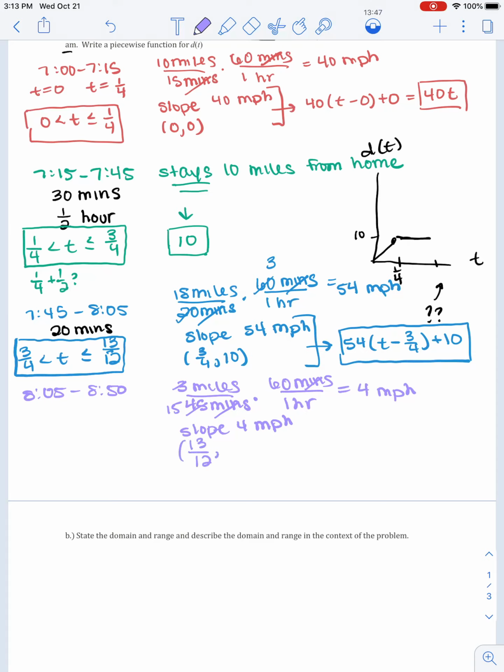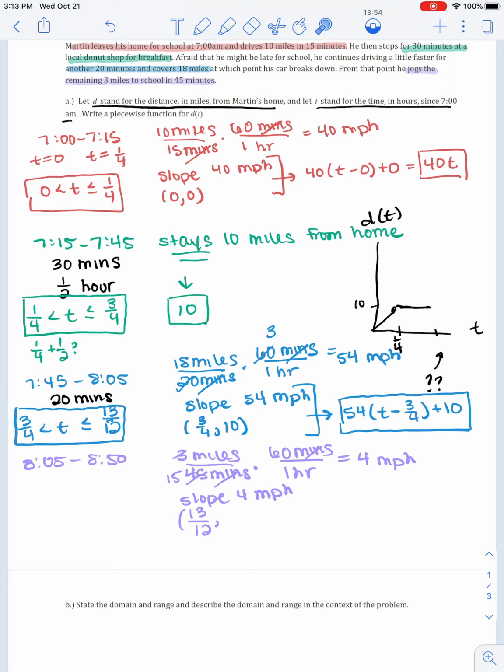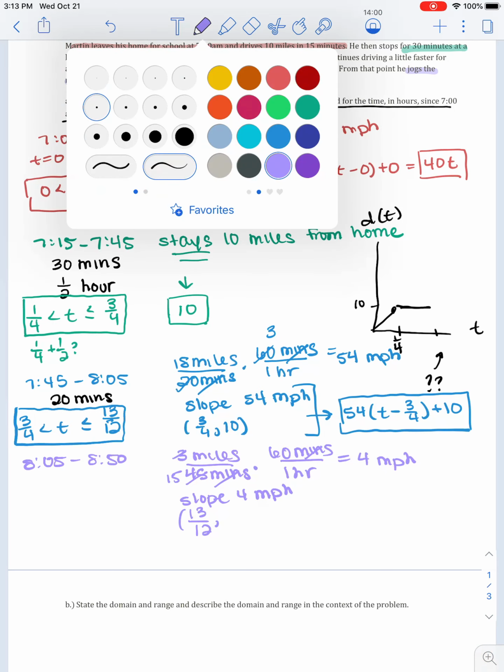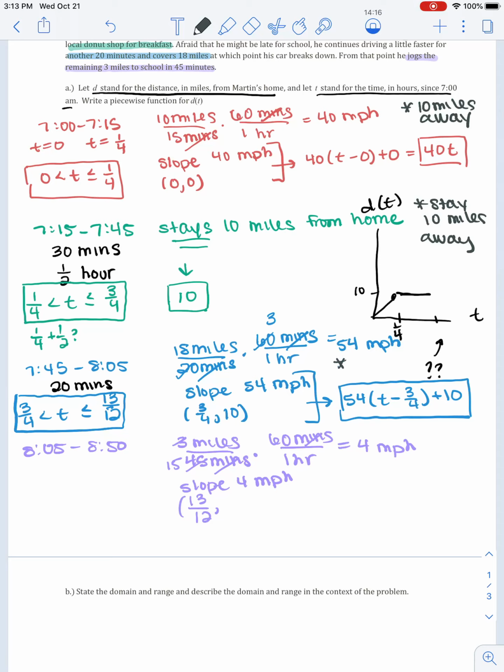And we've got to think about, well, how far away was he from home, right? In the first piece of his commute, up here, before he got to the donut shop, he traveled 10 miles, okay? So maybe it would be helpful to remind ourselves, here he made it 10 miles from home. Here he stayed 10 miles, right? In this third portion of his commute, he traveled 18 more miles.